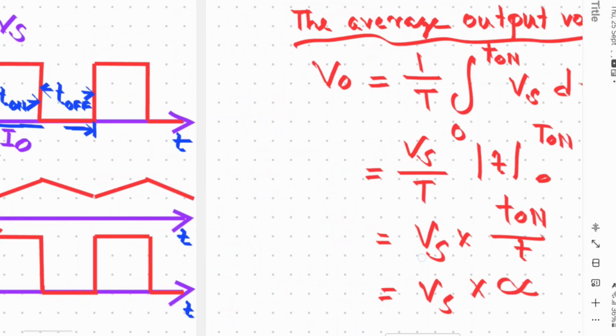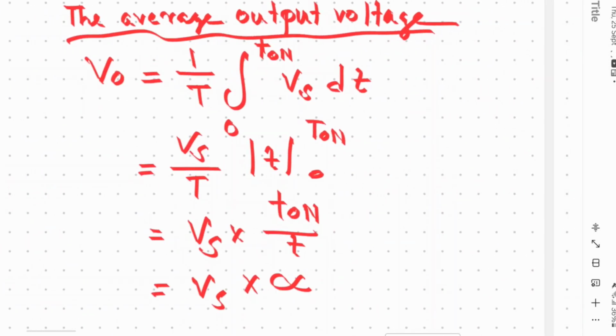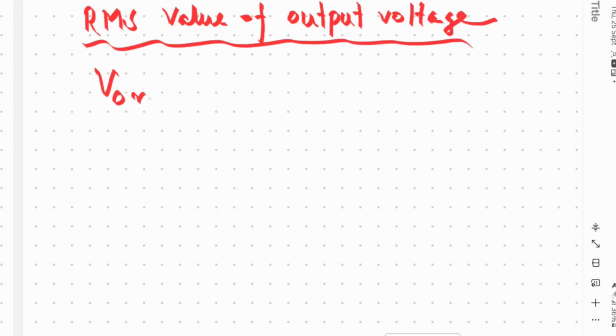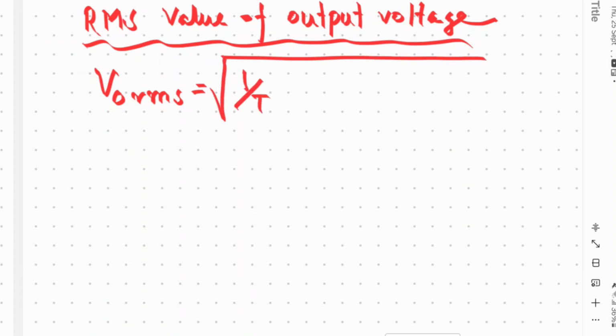Now we will find the RMS value of the output voltage. V0 RMS is equal to root over 1 by T integration 0 to T on Vs square dt.